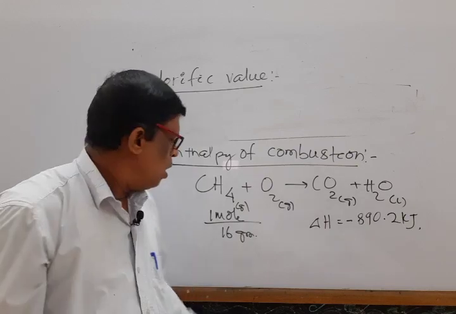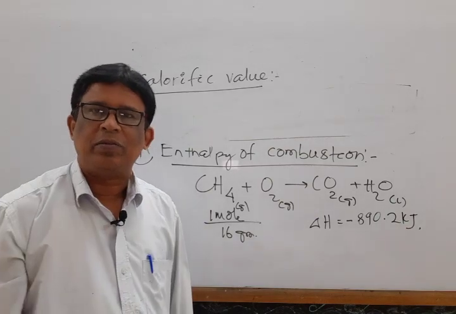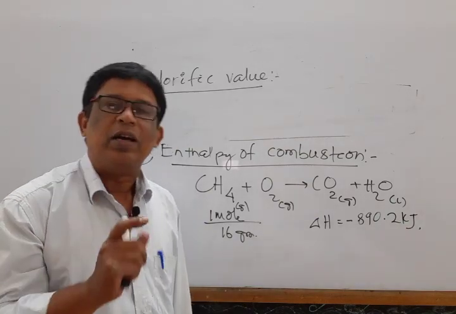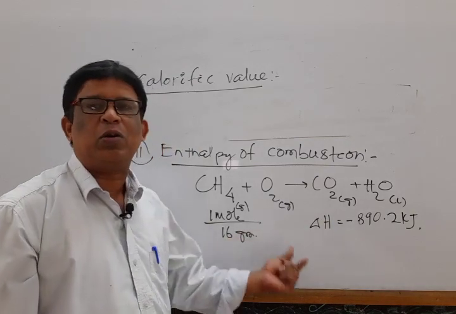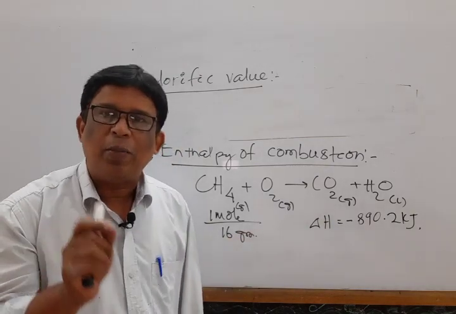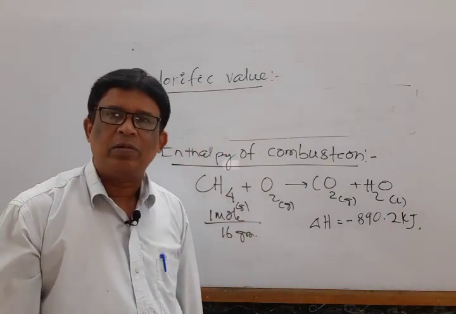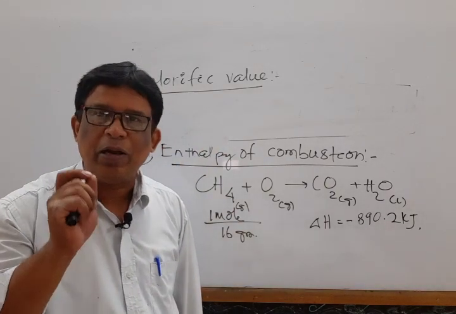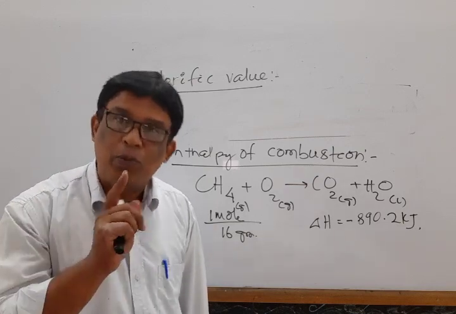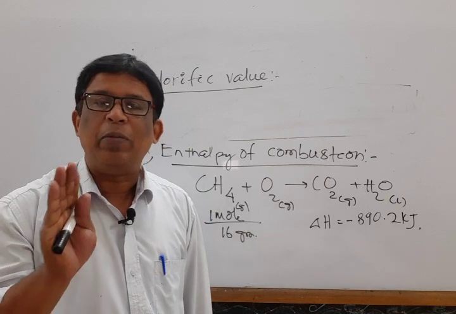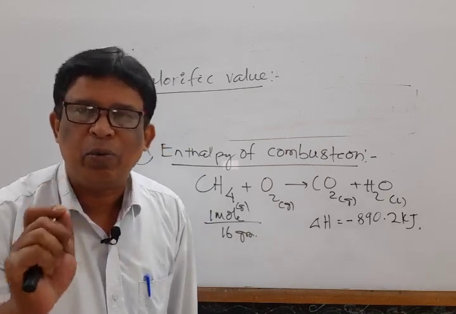On the other hand, when 1 gram of methane undergoes complete combustion, the previous one is 1 mole, now it is 1 gram, the amount of heat evolved is known as calorific value. And remember one important thing, the fuel whose calorific value is higher is known as a better fuel.